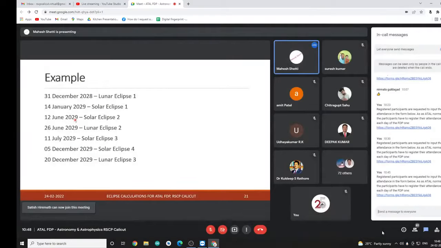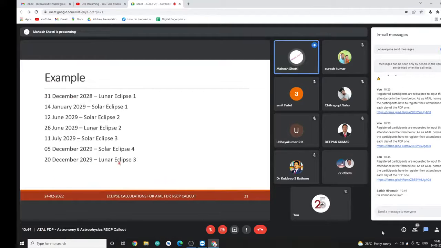On 12 June 2029, the second solar eclipse takes place. Then on 26th June, a lunar eclipse takes place. On 11th July, a solar eclipse takes place. On 5th December, a solar eclipse takes place. On 20th December, a lunar eclipse takes place. So we have 3 lunar eclipses and 4 solar eclipses, within one calendar year, from 31st December to 30th December, 7 eclipses are taking place.